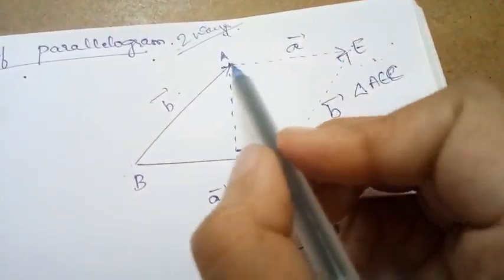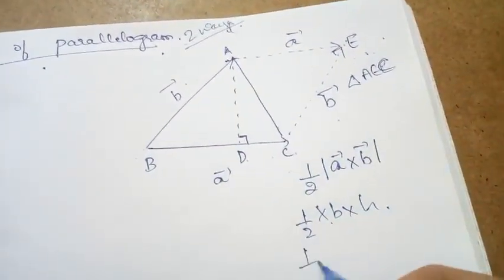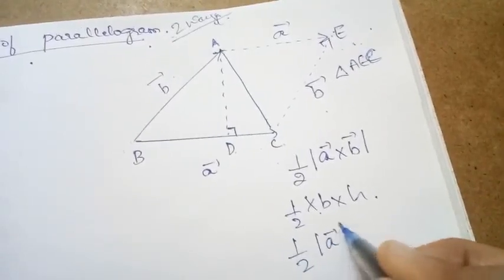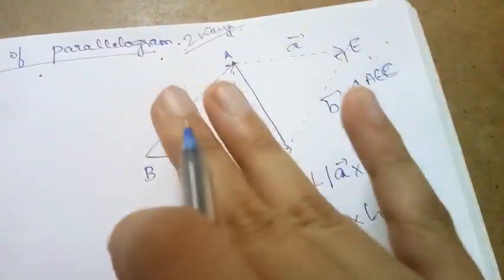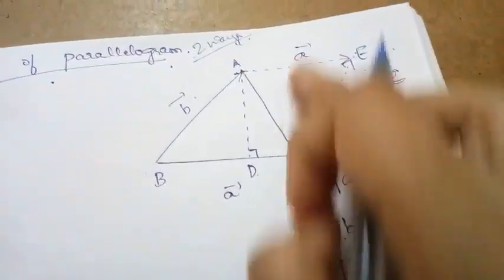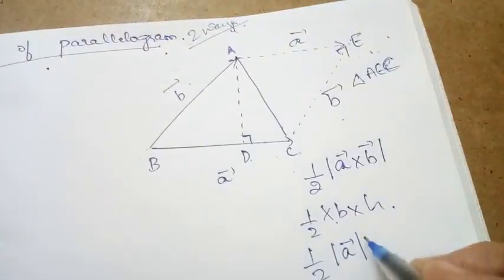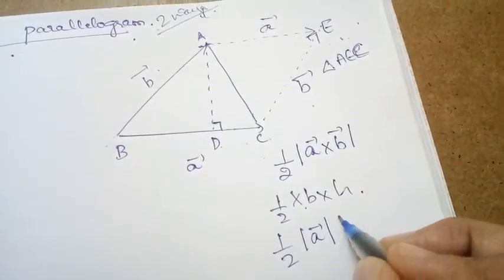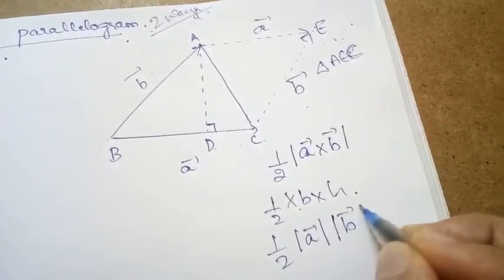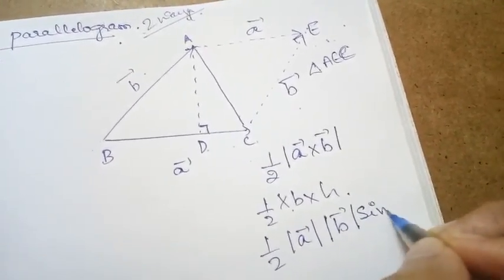So what is our base here? Again the base is nothing but the magnitude of vector A. The height of this triangle, as I said, I flipped this one, so the height of this triangle is the same as in the previous triangle, which is nothing but magnitude of vector B sin theta.